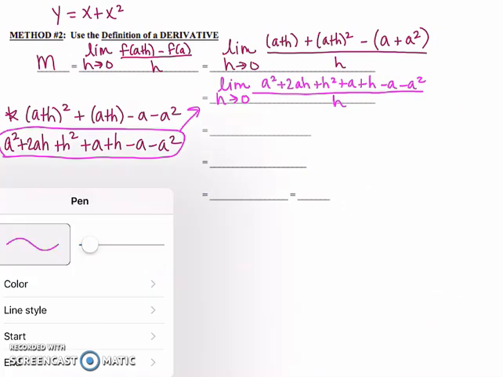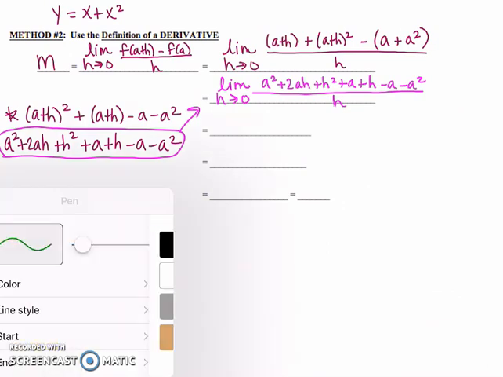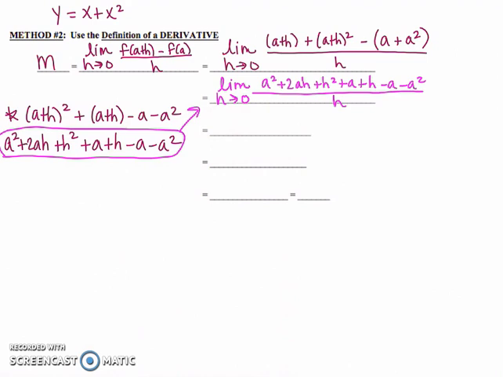Hopefully you see that there are quite a few things that we get to cross out. Negative a squared and positive a squared, gone. Positive a and negative a, gone. So then what we have left is the limit as h approaches 0 of 2ah plus h squared plus h all over h.